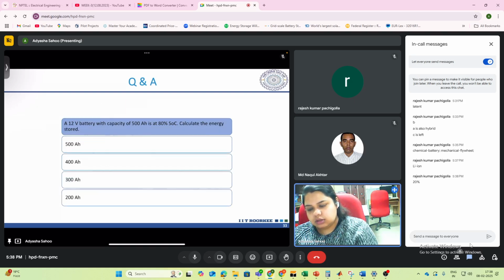The next question is a 12-volt battery with capacity of 500 ampere hour is at 80% SOC. Calculate the energy stored.